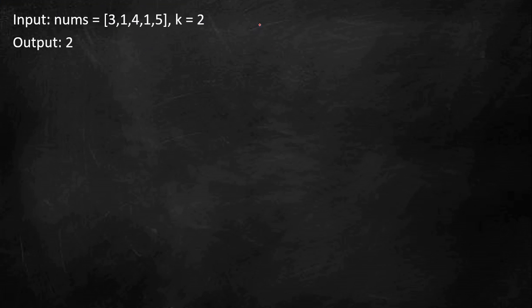So if I write this array, 3 1 4 1 5. As a brute force approach, I can have two for loops, one with a pointer i and the other with pointer j, and j will always be greater than i because i should not be equal to j.